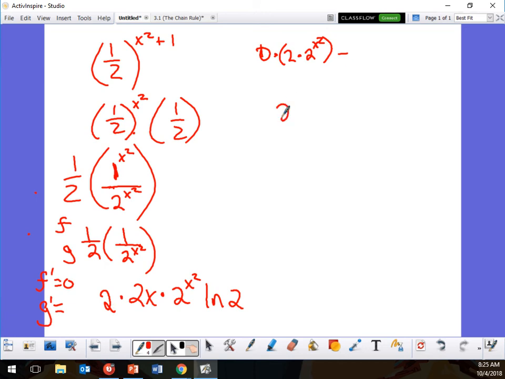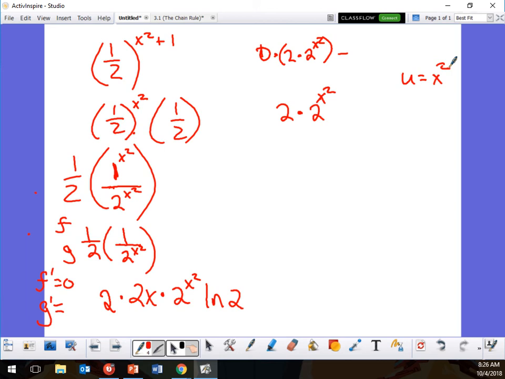Okay, so it's going to be 2 times 2x squared, right? Because this is an x squared right here, that's going to be a chain rule. So now let's pretend like it's a chain rule, because it is. I'm going to say that u is equal to x squared.